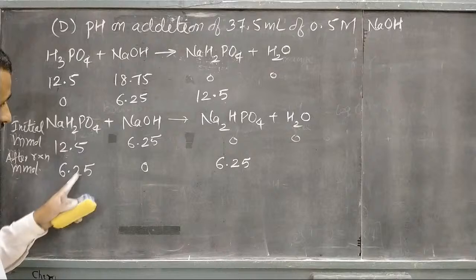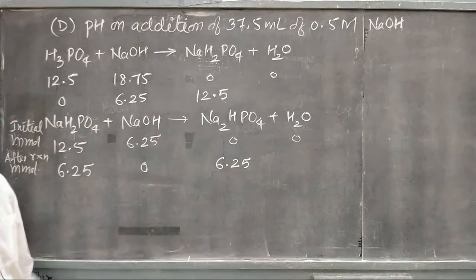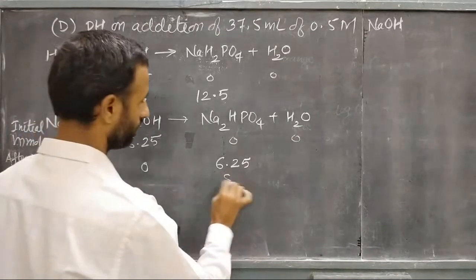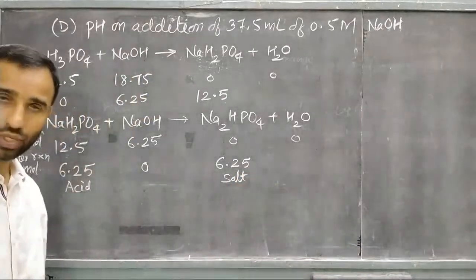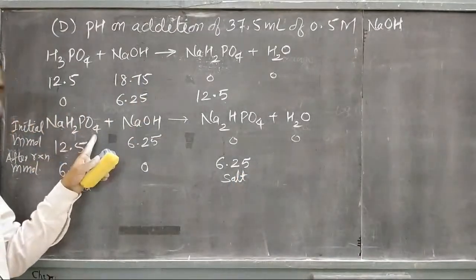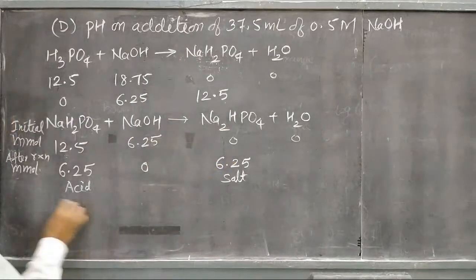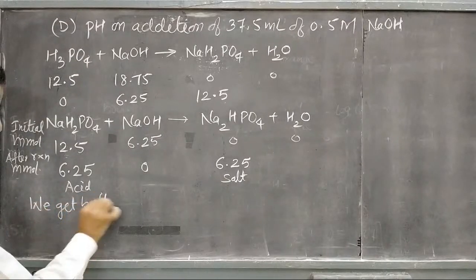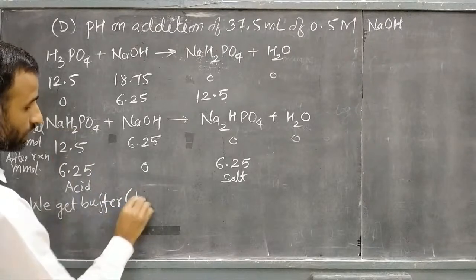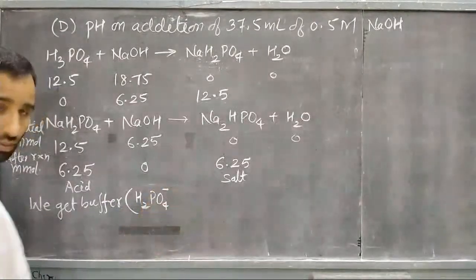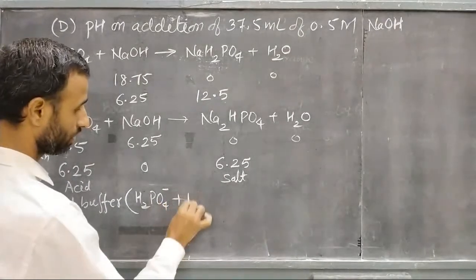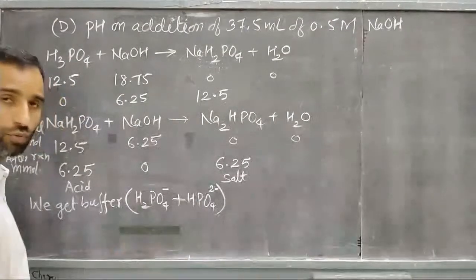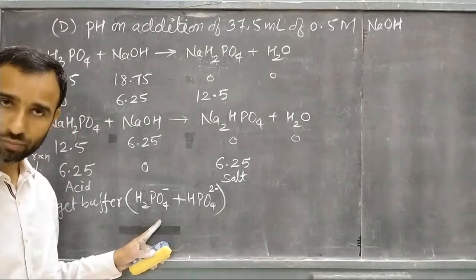Now NaH2PO4 becomes the acid and this is the salt. So again we get a buffer. But which buffer? H2PO4 negative plus HPO4 2 negative. We get this buffer.